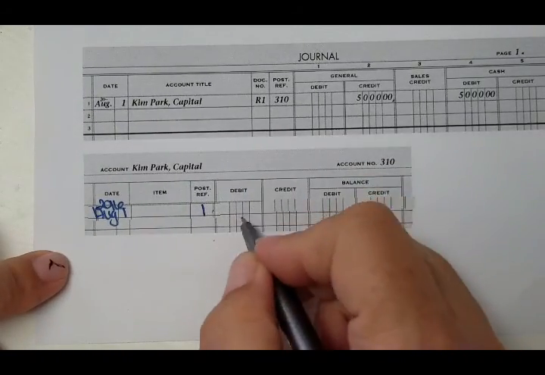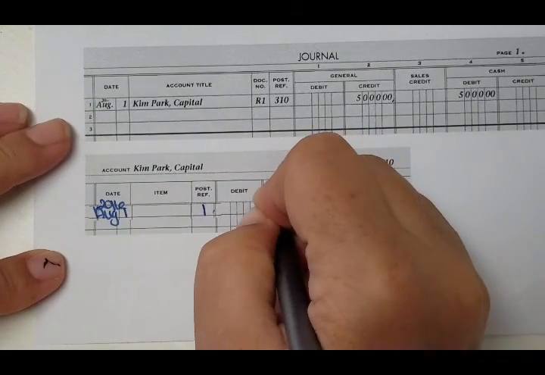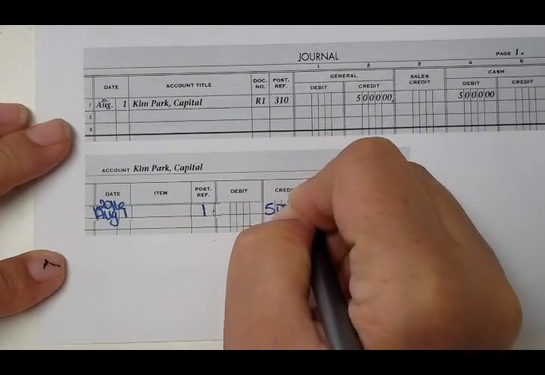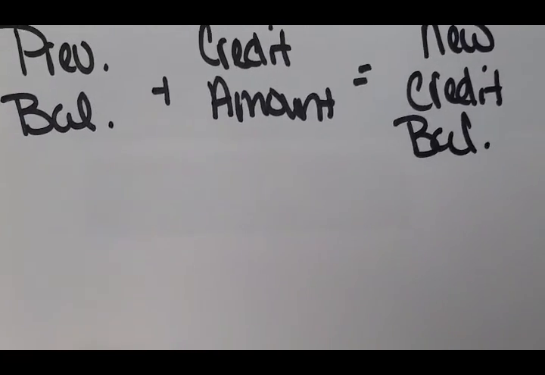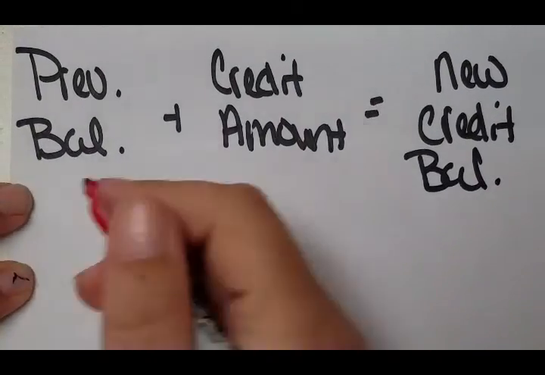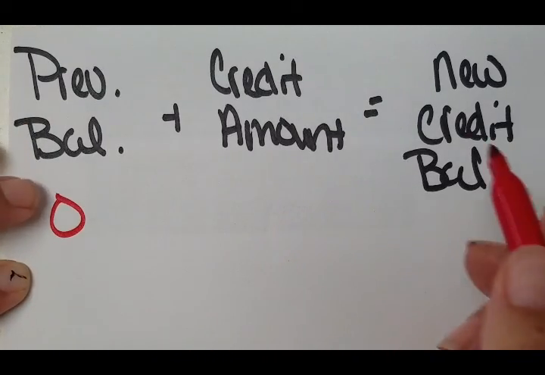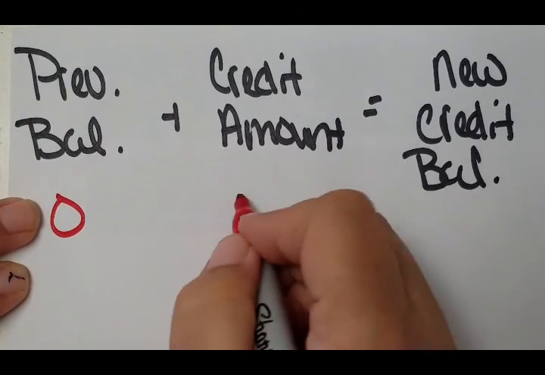So instead of going to the debit column, I'm going to go to the credit column and put in my $5,000. Now I have to calculate my balance. So the previous balance was 0. This amount is for $5,000.